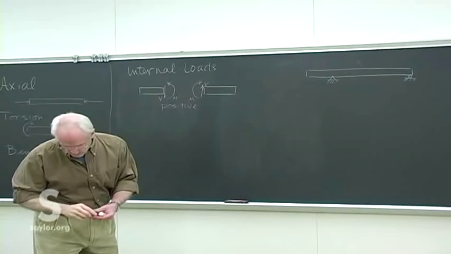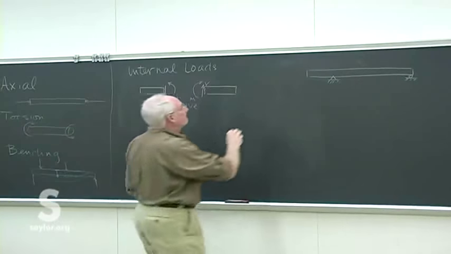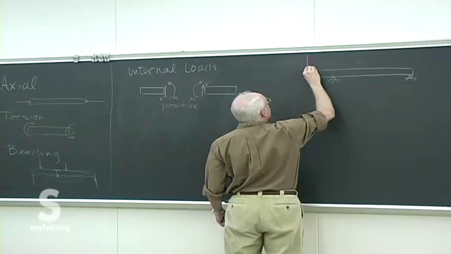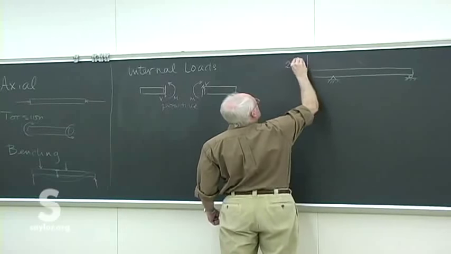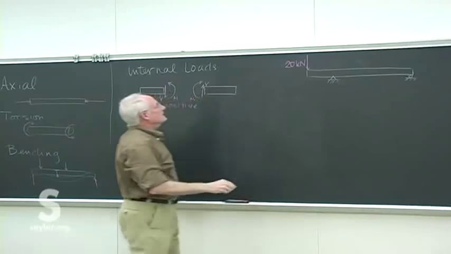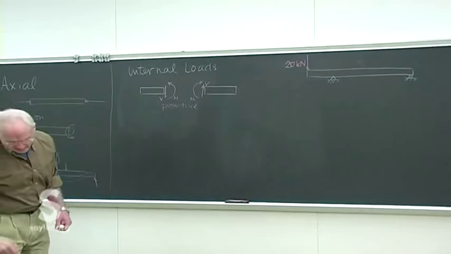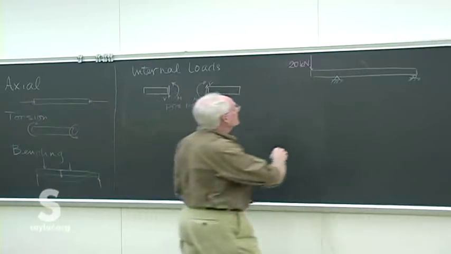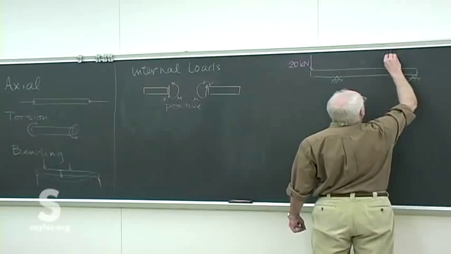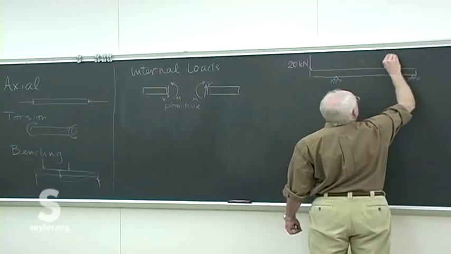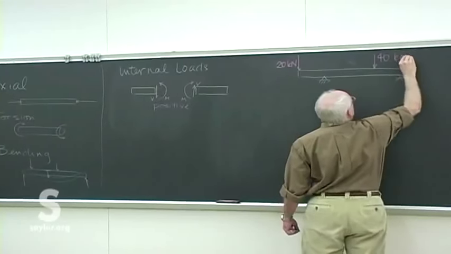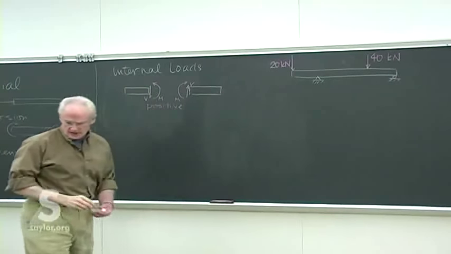And then the loading that we'll put with this is a 20 kilonewton load there, and then, not quite in between, a little bit to one side between the two supports, a 40 kilonewton load there.